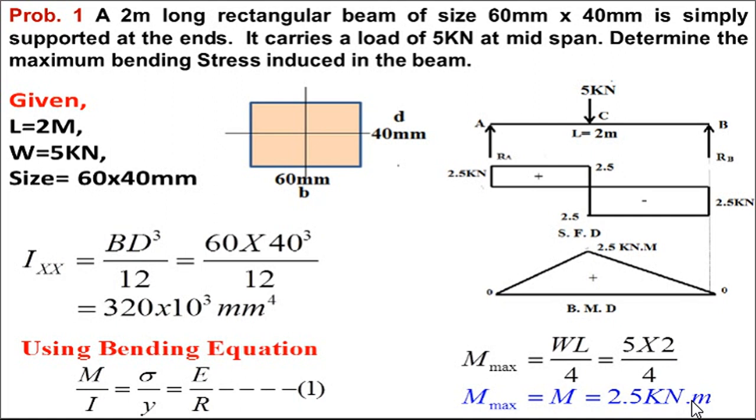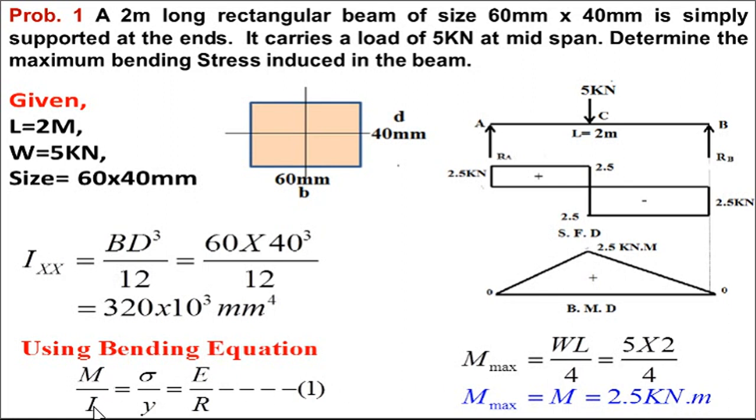So 2.5 kilonewton meter means 2.5 into 10 to power 3 Newton into 10 to power 3 mm. Kilonewton and meter both you have to convert into Newton and mm. So you multiply to get 2.5 by 10 to power 6, then this will be turned into Newton mm.